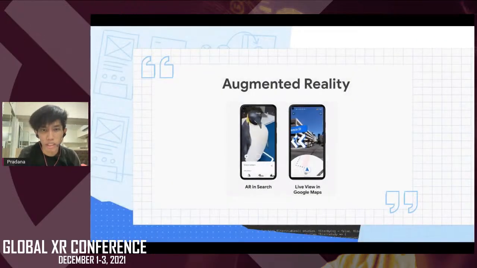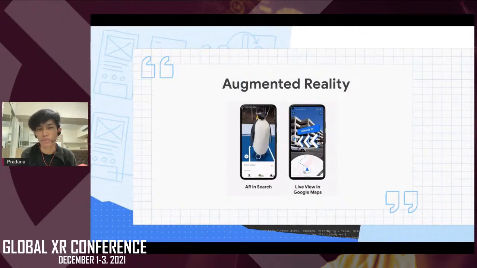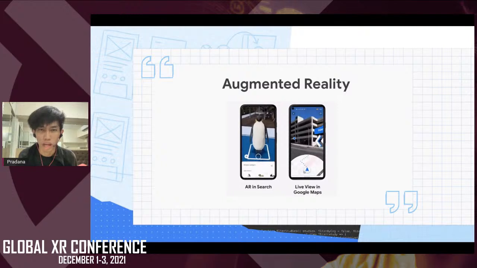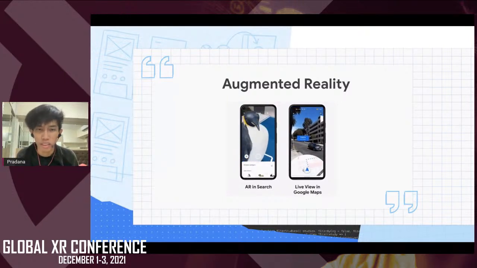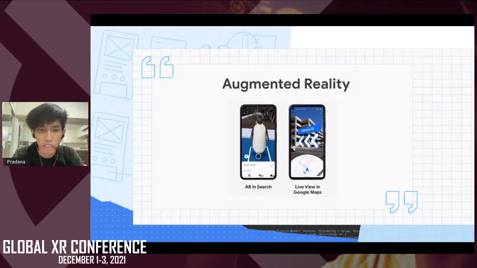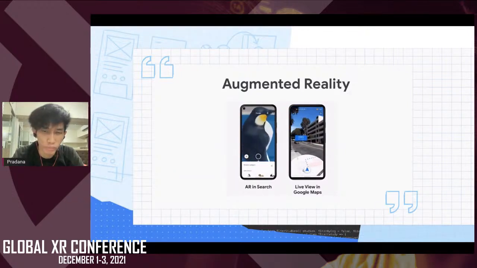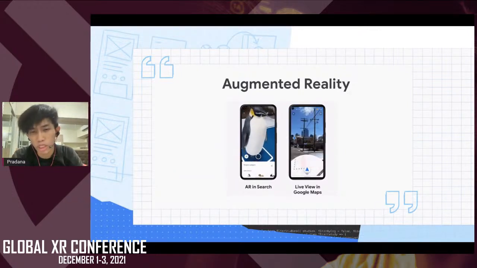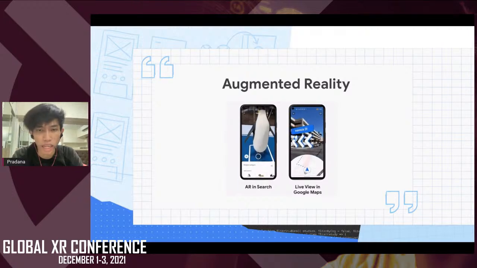Here I would like to give you a brief overview image about augmented reality. As you can see, this is AR in search. AR is implemented in the Google search engine. You can also search this way, and there is also live view in Google Maps when you want to go to a specific place with directions.